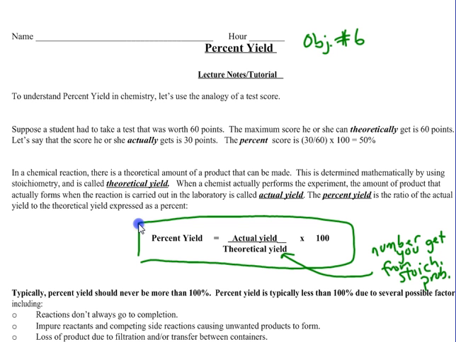The theoretical yield is a number that you calculate on a piece of paper with a calculator and your pencil. The actual yield is the amount of product that you actually make at the lab bench. So this is how much was made in the laboratory.